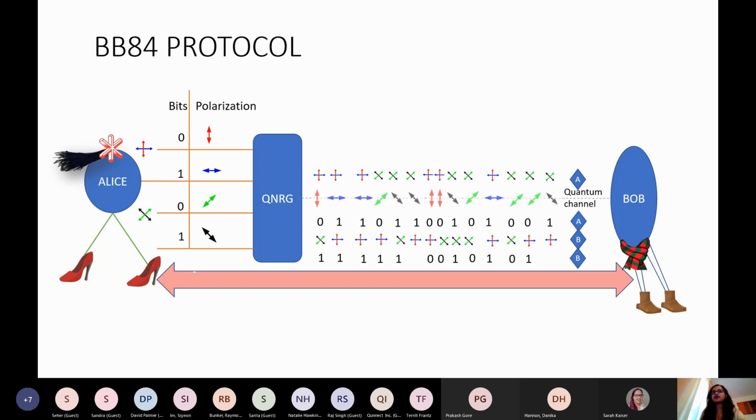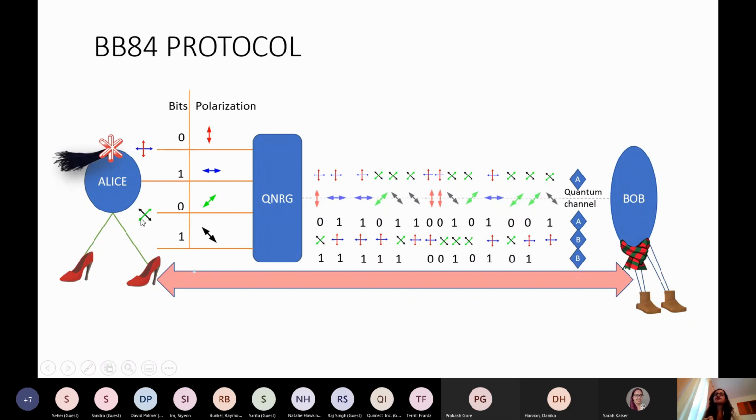Now, our quantum random number generator spits out 0, 1, 0, 1, 0, 1, and this is the mapping that we are going to be using. The mapping is here. We first spit out a 0 or 1 to choose the basis, and then it again spits out a 0 or 1 for the bit. If the basis is the horizontal-vertical polarization basis, then 0 corresponds to the vertical polarization, and 1 corresponds to the horizontal polarization, right?